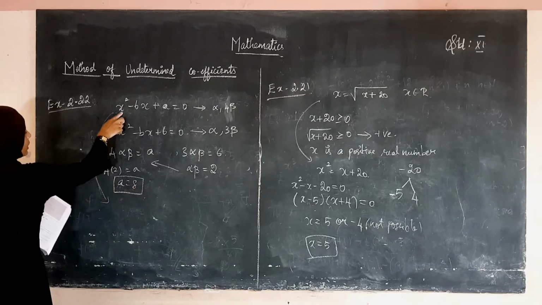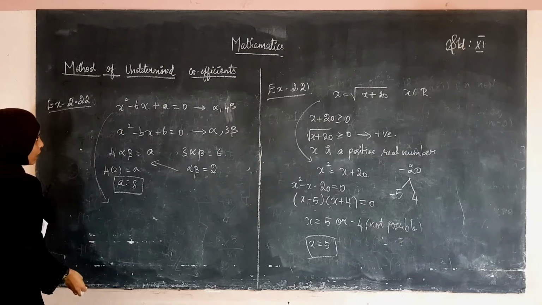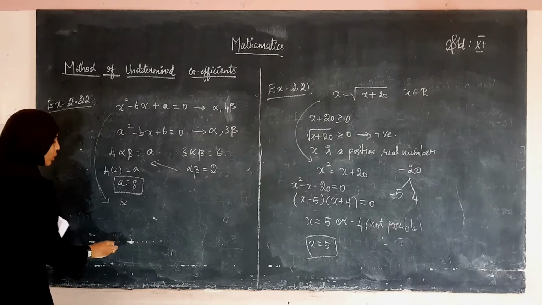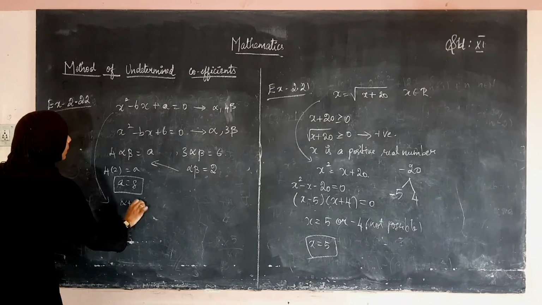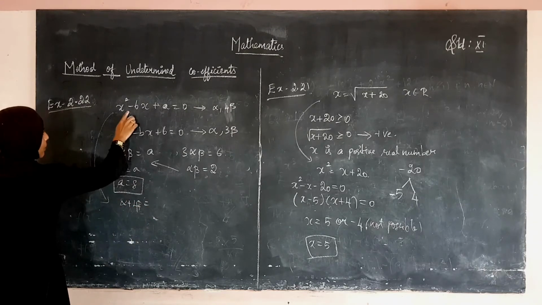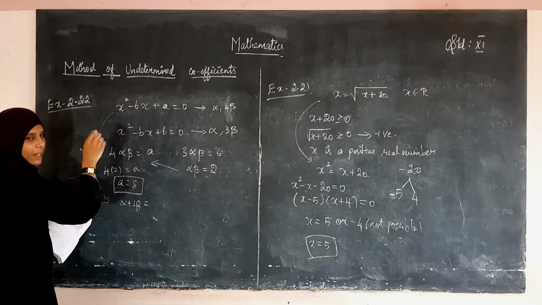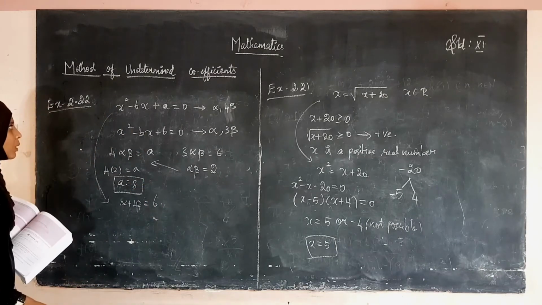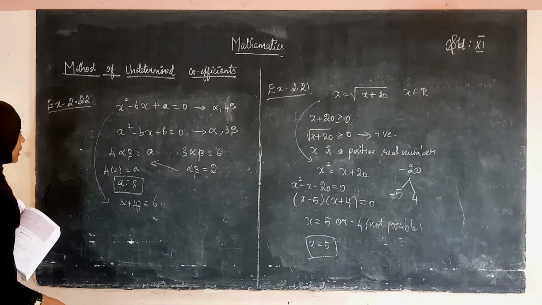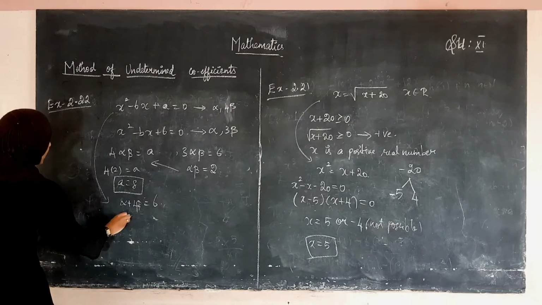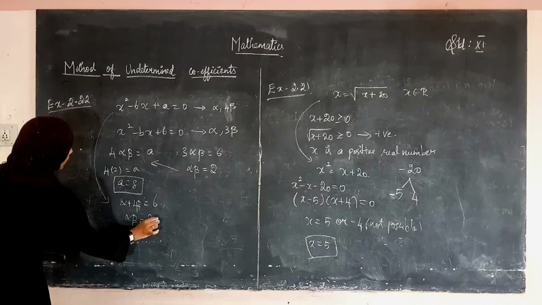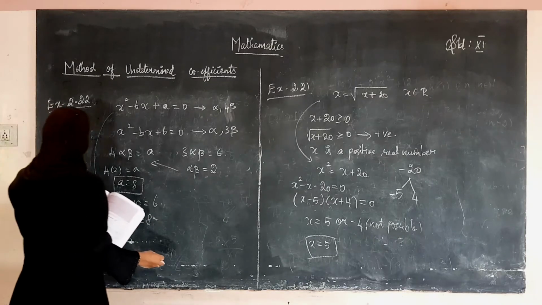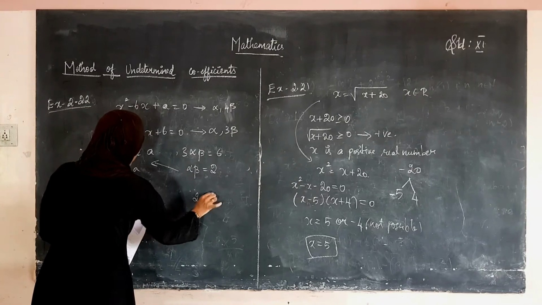How can we find the roots of this equation? Sum of the roots, alpha plus 4 beta, is equal to minus b divided by a. Here it is minus of minus, that is 6. And then alpha beta is equal to 8. You know how to find the roots, right? After finding the roots, you will be having the roots as 2, 4.